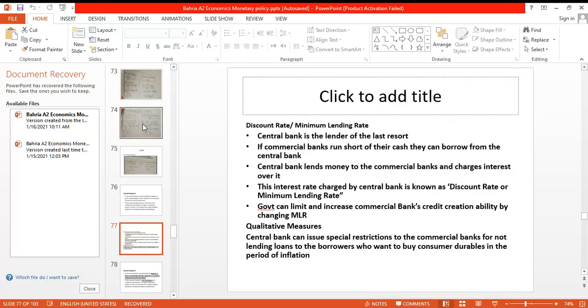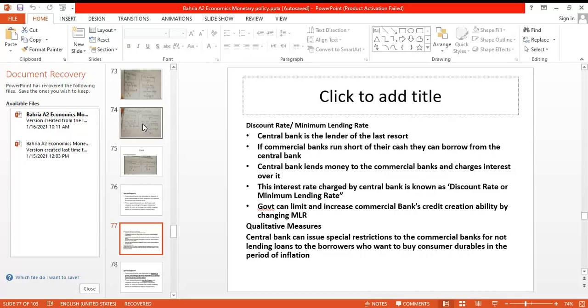So what is going to happen? The other banks, they will increase their interest rates also, and when interest rates go up, what's going to happen? It is going to take money out of the system. There's going to be a reduction in the money supply.